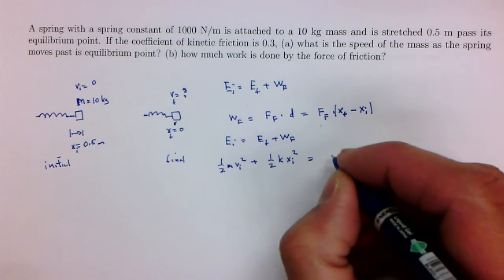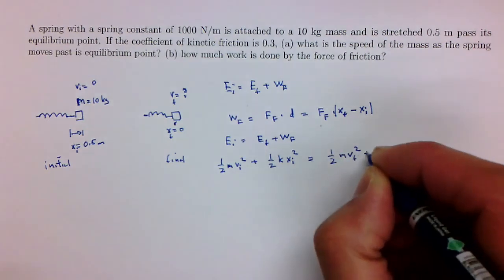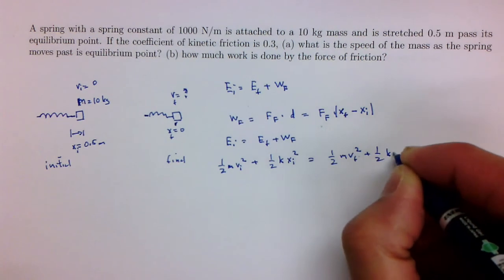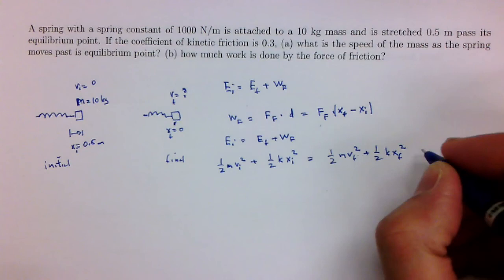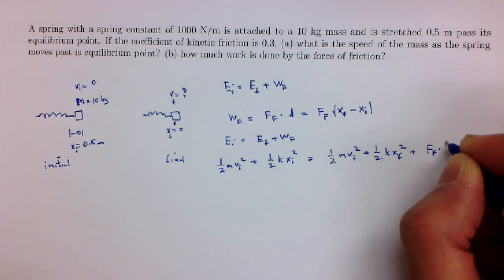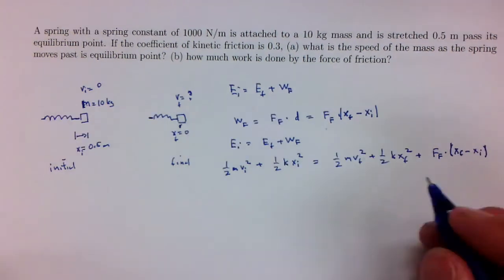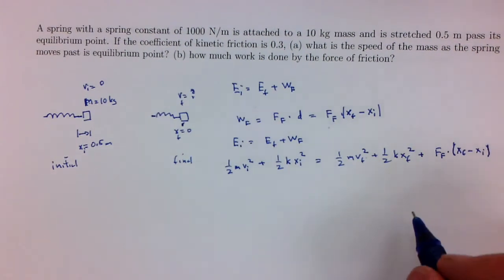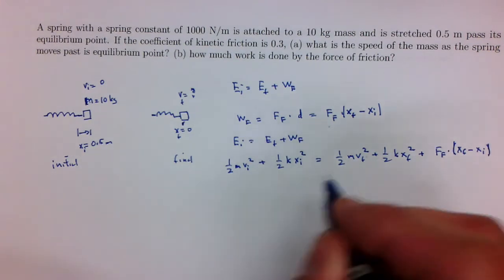This is going to be equal to 1/2 m v_f squared plus 1/2 k x_f squared, the final potential energy of the spring, plus the force of friction times the absolute value of x_f minus x_i, the distance that the frictional force acts upon.